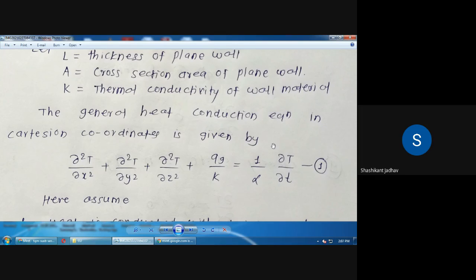That is the general heat conduction equation in Cartesian coordinates, written in terms of alpha, the thermal diffusivity. All of you write down this equation. That is equation number 1.